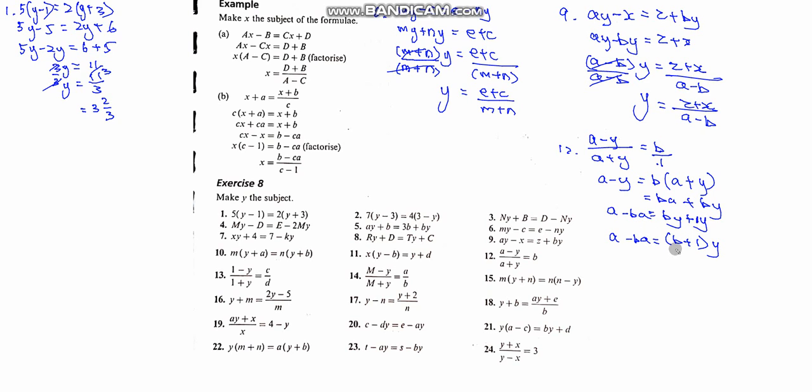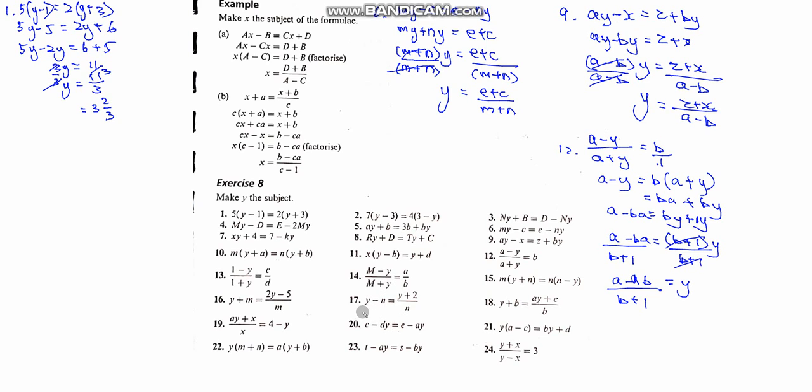Now same thing, divide by b plus 1 on both sides. So this cancels off. So you have y equal to a minus ab over b plus 1. That's it. Now it's the same.